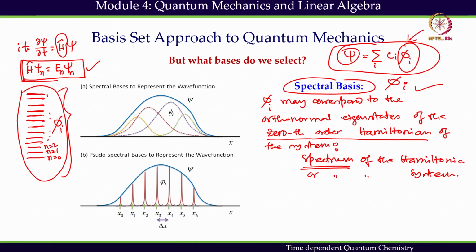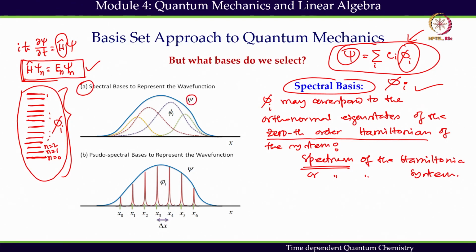What is the property of the spectral basis? We know that each function represents an eigenstate of the Hamiltonian, and each function by its own nature is delocalized. For example, I have shown here a schematic representation of the spectral basis.